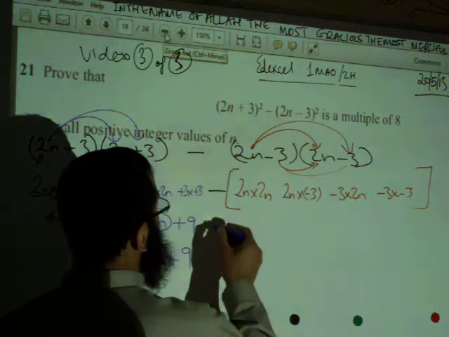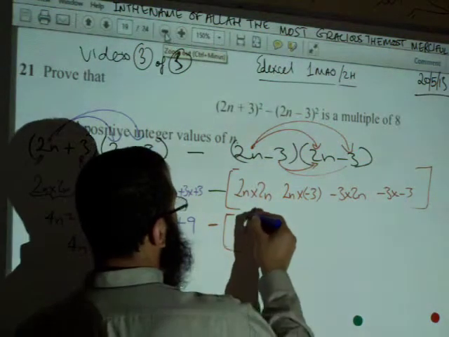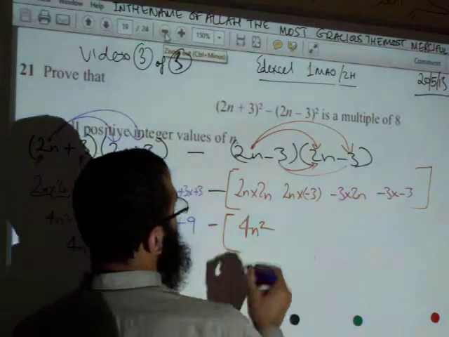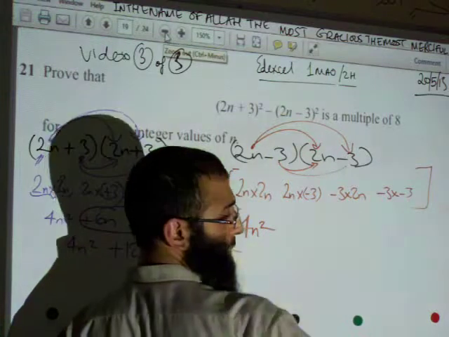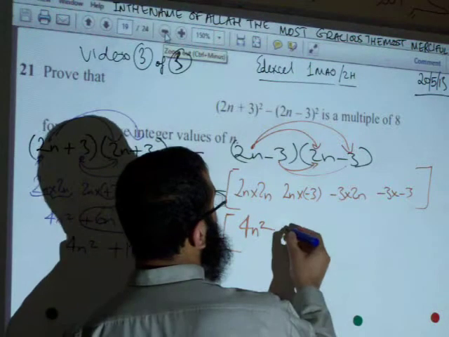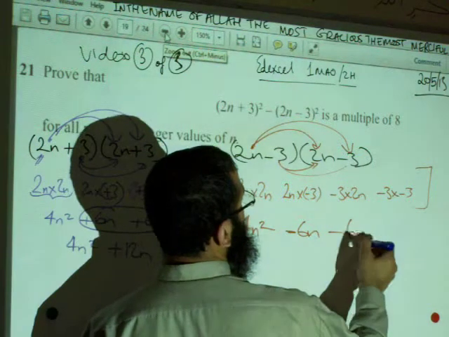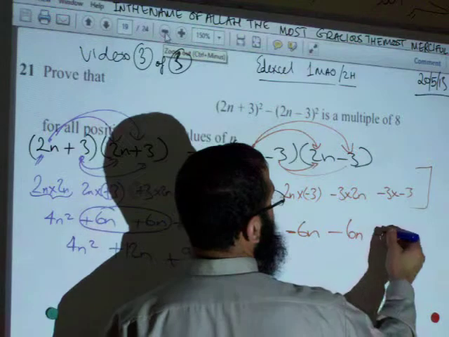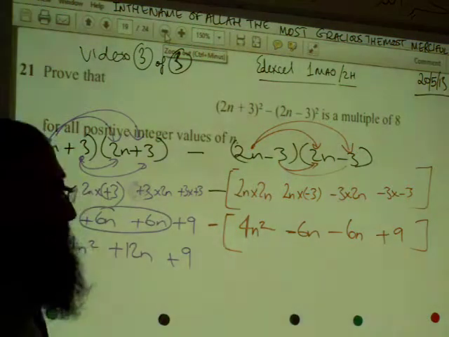Okay, now 2n times by 2n is 4n squared. 2n times by minus 3 will give you minus 6n, and then it gives you another minus 6n. And that'll give you a plus 9.